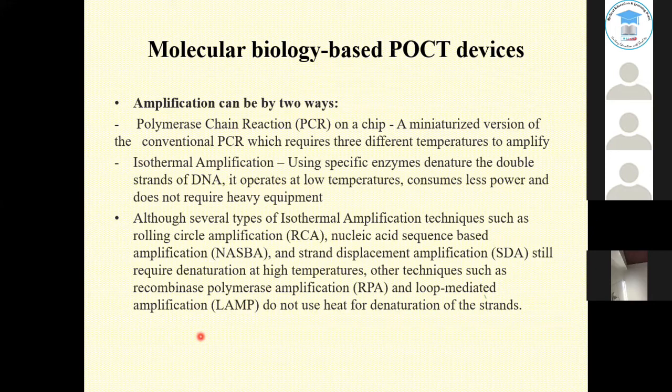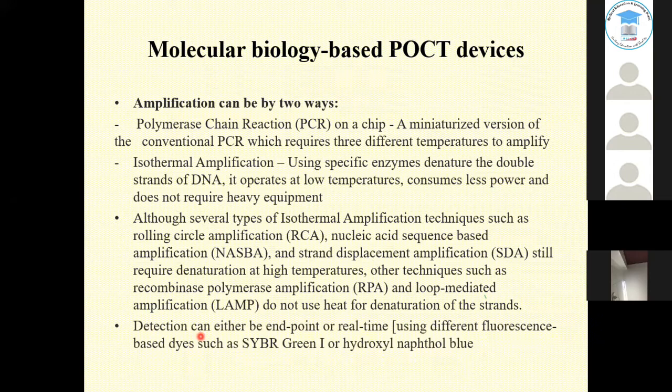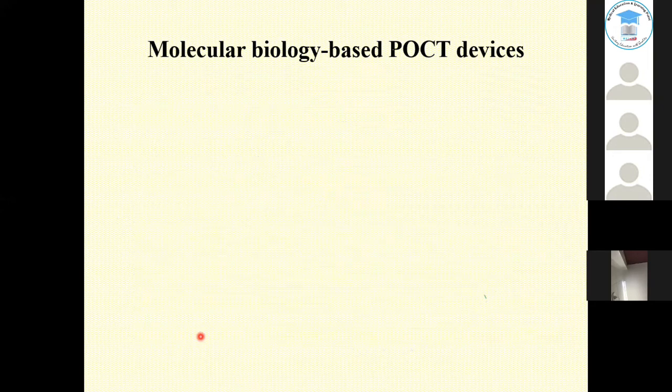So there are different varieties of isothermal amplification techniques in POCs like RCA, rolling circle amplification, NASBA, SDA, and loop mediated amplification, which have been very extensively used for the detection of COVID-19, which I'll come to a little later. And finally, the detection endpoint or real time using fluorescence-based dyes like SYBR green or hydroxyl naphthyl blue.